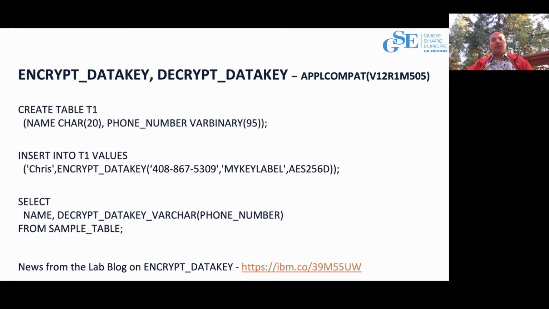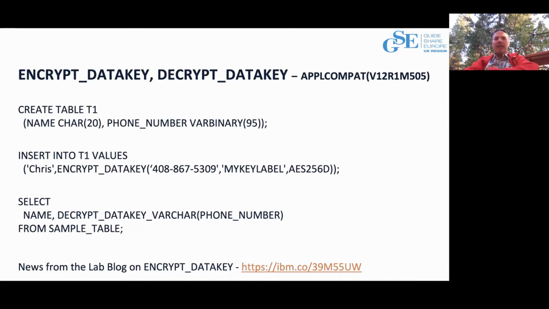Anyway, the interesting thing about this is that you can provide a key label. So I provide a key label, and I'm using AES here to encrypt it. And then I can decrypt it, and I don't provide a key label because the key label is actually part of the data.